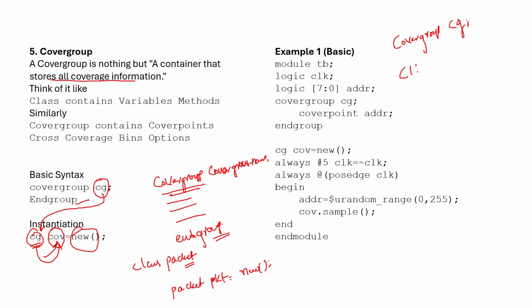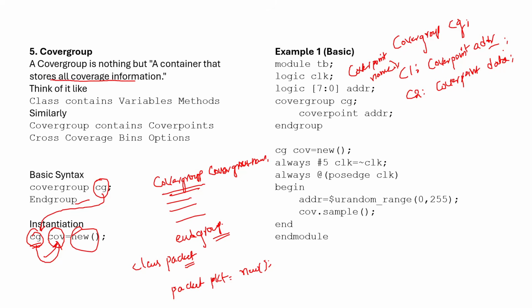C1 is nothing but the cover point name. This cover point is checking address. Address is one cover point. And then another cover point, C2, for data. This is another cover point.